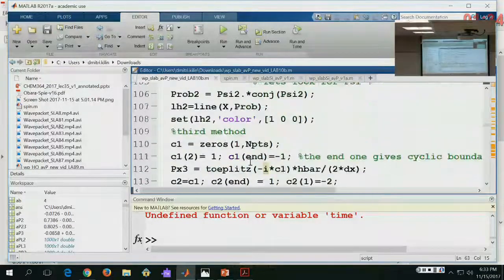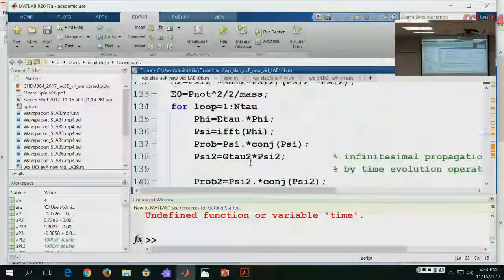I think tau is your time, isn't it? Tau is a time step. Loops. So we need to loop times tau.